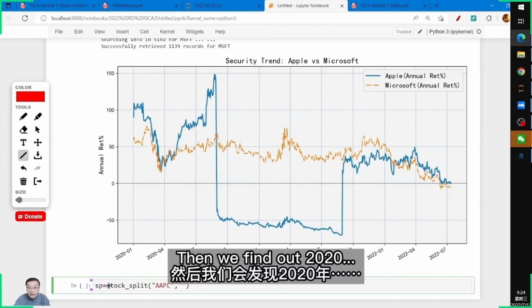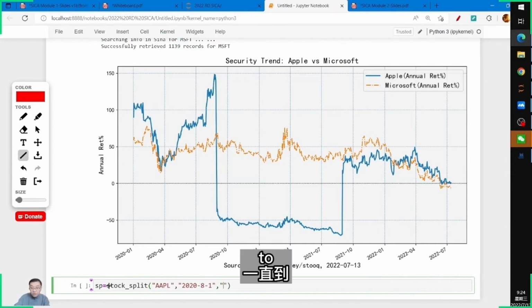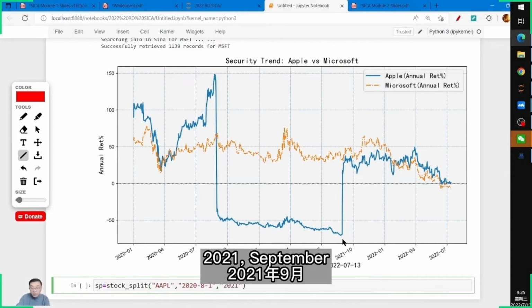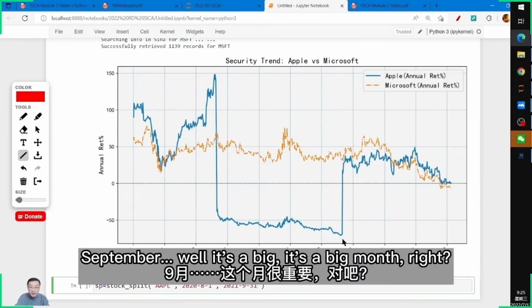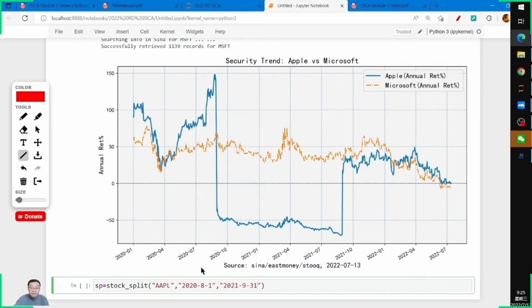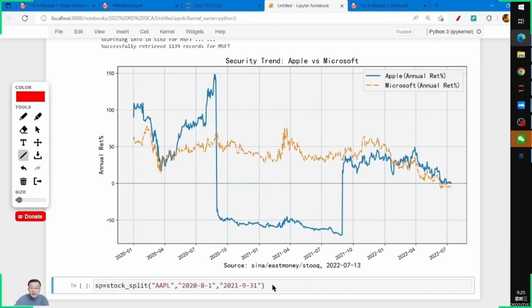Then we find out 2020. Probably we start to analyze from August the 1st to 2021 September. Well, it's a big month, right? Let's look at stock split first, then we look at stock dividend.